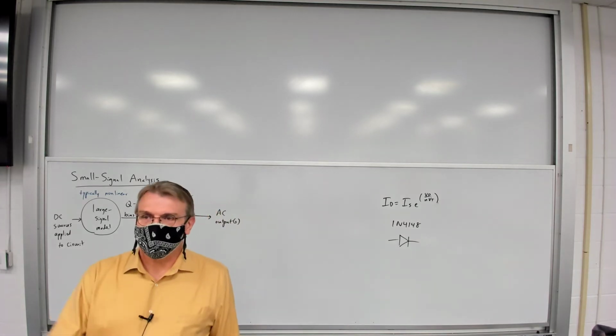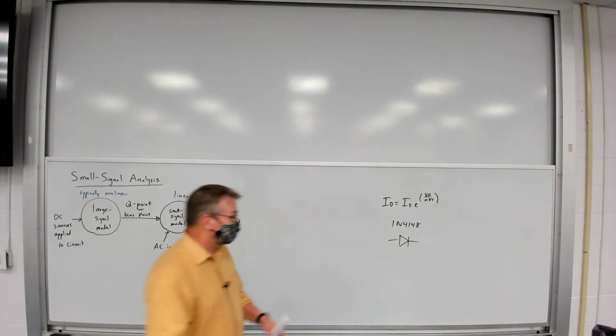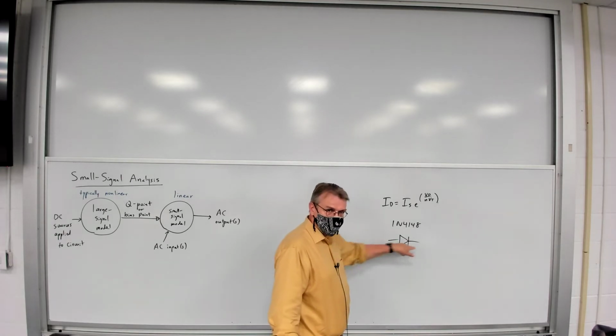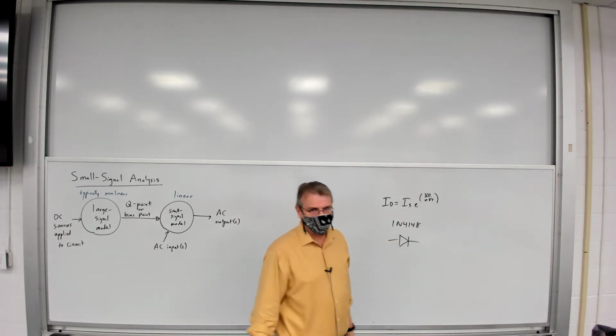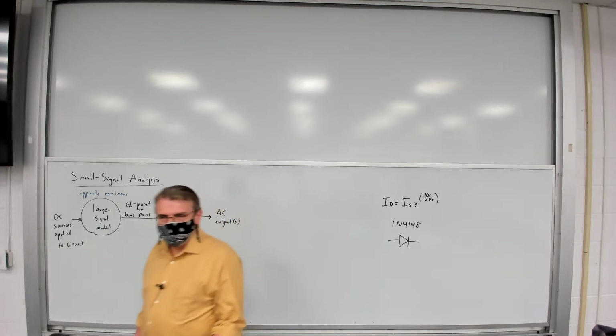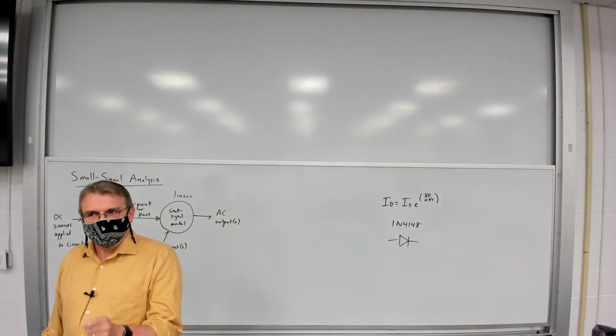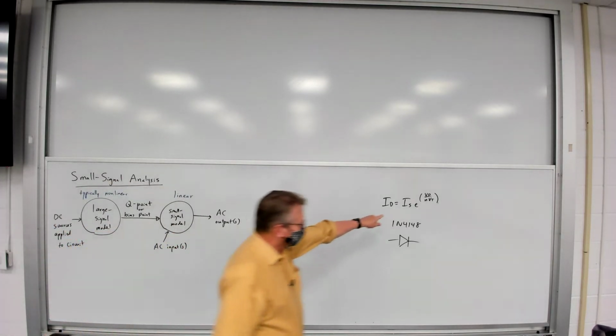They factor in all the non-idealities, including the fact that there's contact and material resistance in the materials used to make up the diode. So when you do simulations, they're not going to perfectly match what you're going to see here.